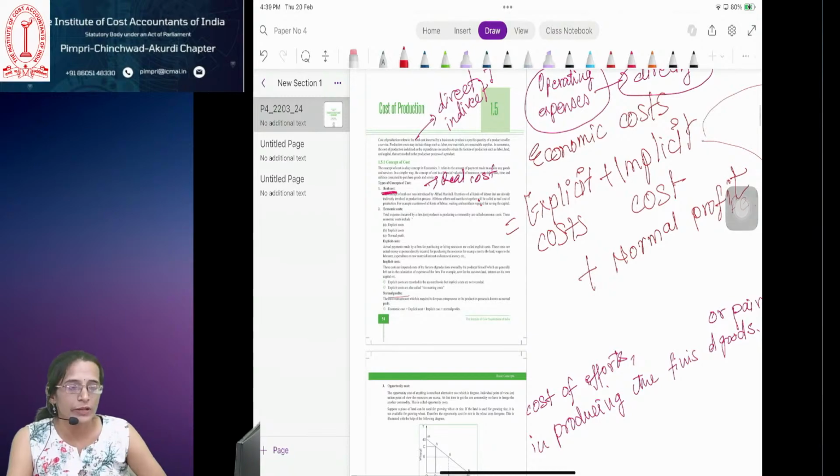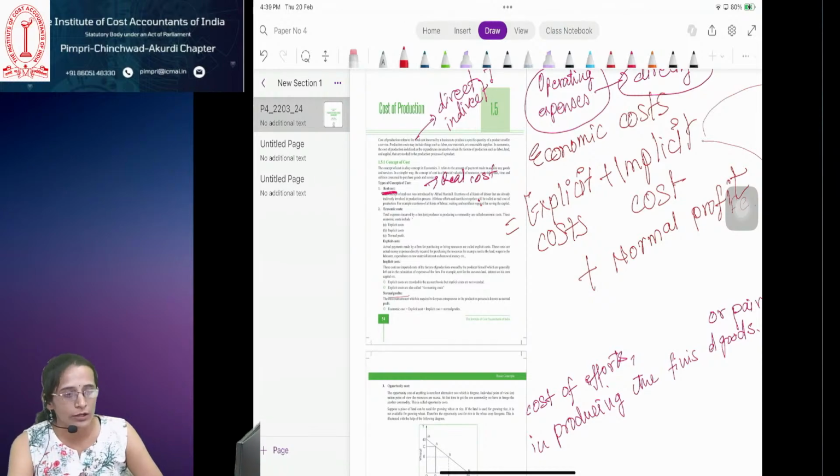Now we will be discussing what implicit costs are, what explicit costs are, and what normal profit is. But overall, economic cost is the aggregation of explicit cost, implicit cost and normal profit.